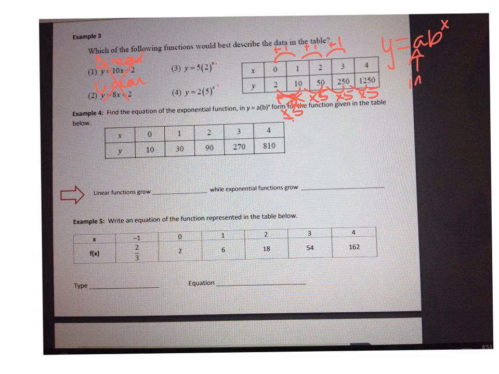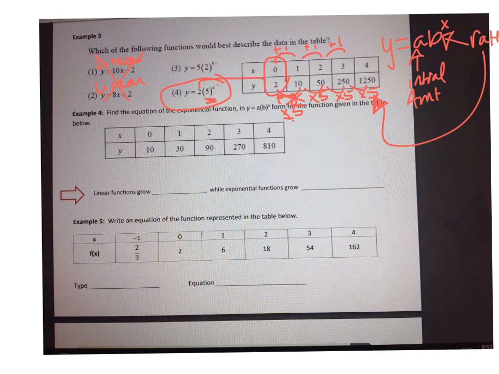A is our initial amount, and b is our rate. Remember, your rate is how you get around, so our rate has to be 5. So this one has a rate of 5, with 5 being raised to the exponent. It also has that initial amount of 2, so we know the answer has to be 4.